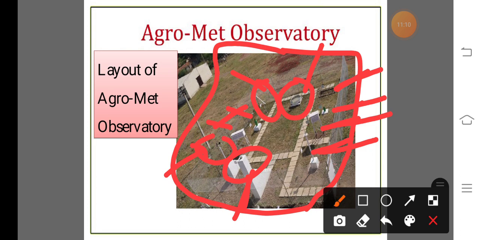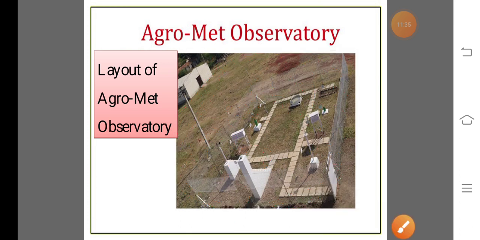And by using this instrument, the speed of wind is recorded, and finally the effect of these weather parameters on crops is found out, that means negative and positive effects. So this all is known as the Agromet observatory or agrometeorological observatory. So this is about the agrometeorological observatory.